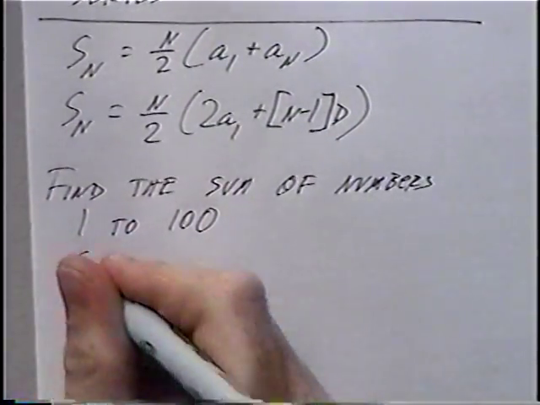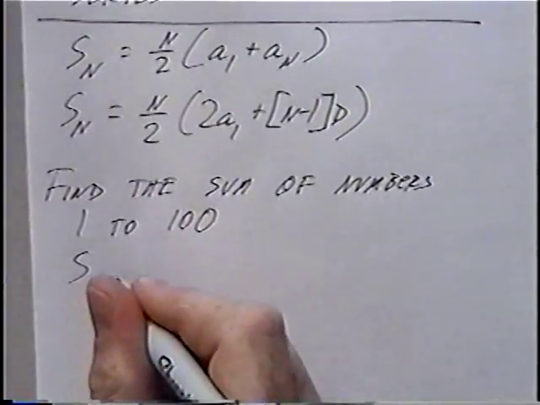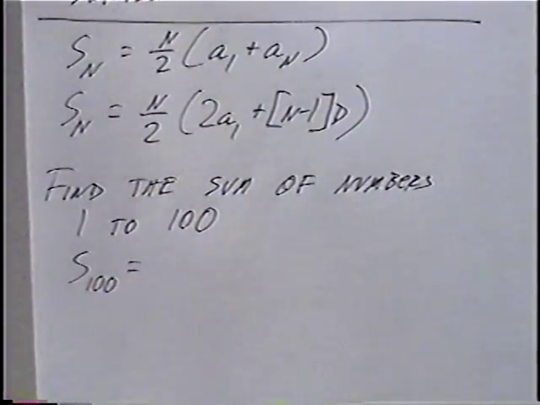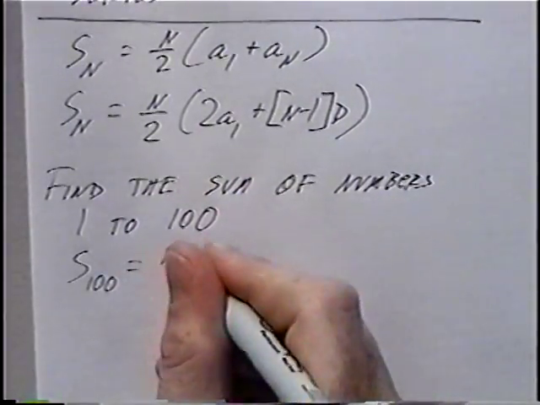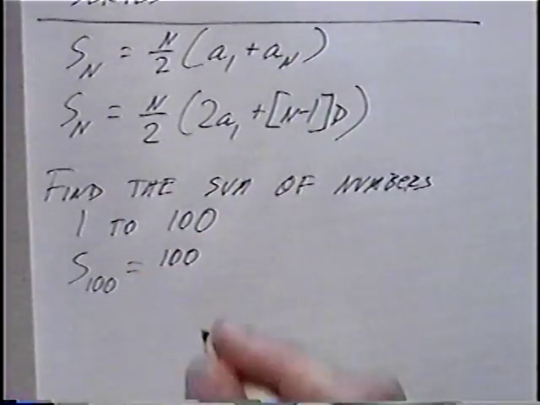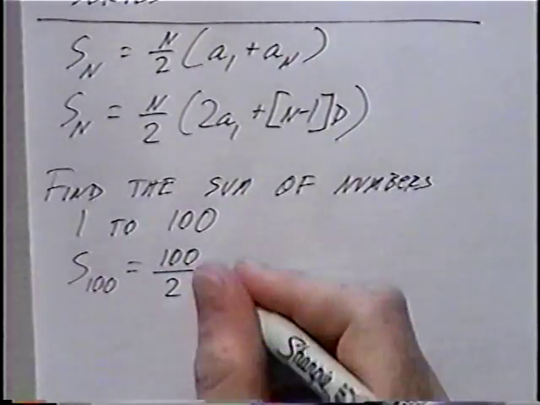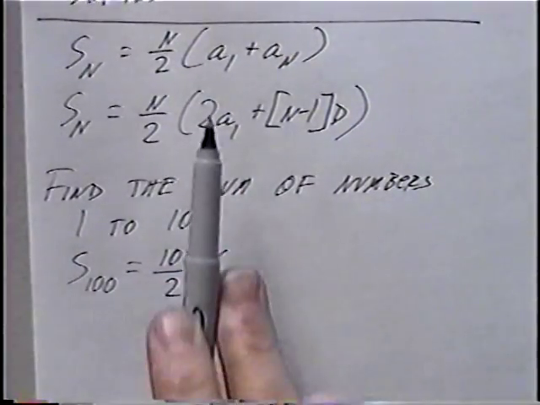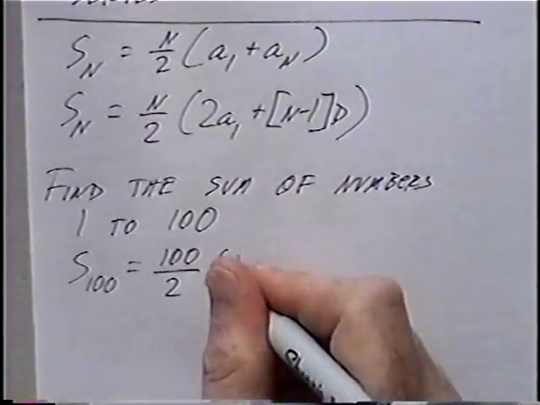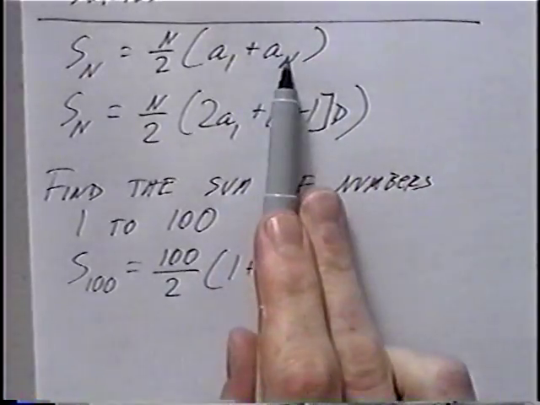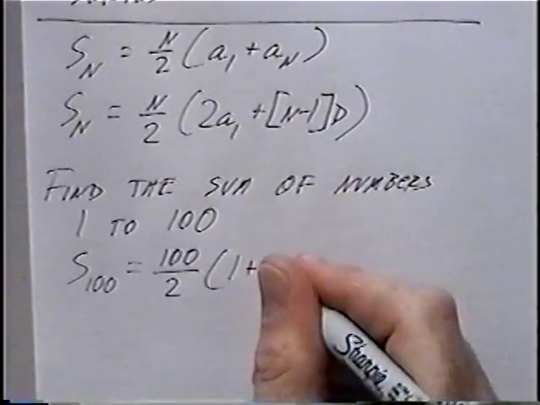S sub n, and in this case it's 100 because there's 100 terms, S sub 100. N is the total number of terms. There are 100 numbers from 1 to 100, divided by 2. A sub 1 is the first number, which would be 1, and a sub n is the last number, which would be 100.